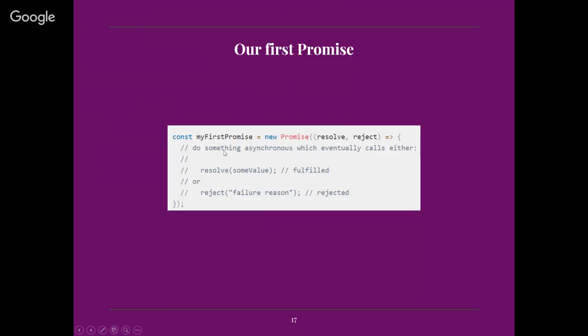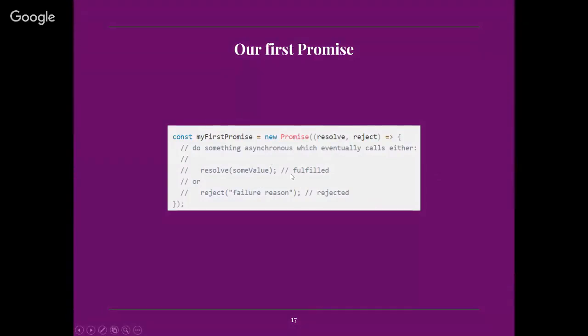So this is the part where some kind of asynchronous code runs. So maybe here we dispatch a request to an API or a server or whatever, and perform the needed operations. And once those operations finish, based on the success of the outcome, it calls either resolve or reject.